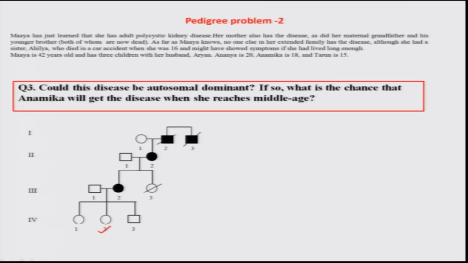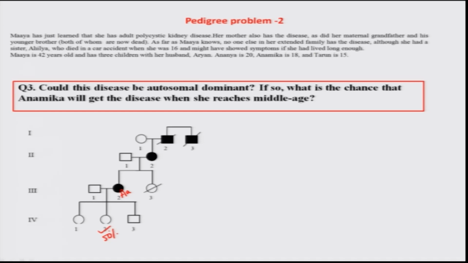Now, what is the chance that Anamika will get the disease when she reaches middle age? Anamika's mother Maya, at the age of 42, has developed the disease. So, her genotype must be, if we denote capital A and small a, Aa. Then it is likely that Anamika would have a 50% chance, as one of the gametes will be coming from Maya.